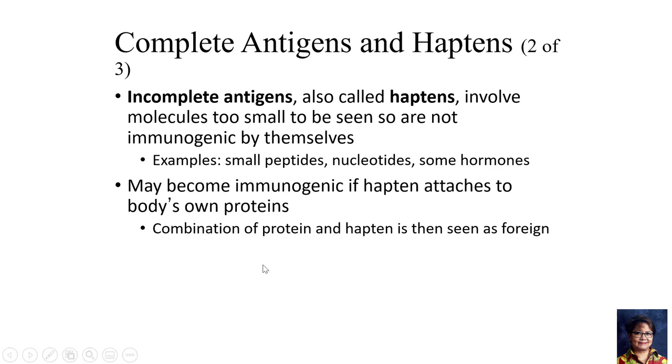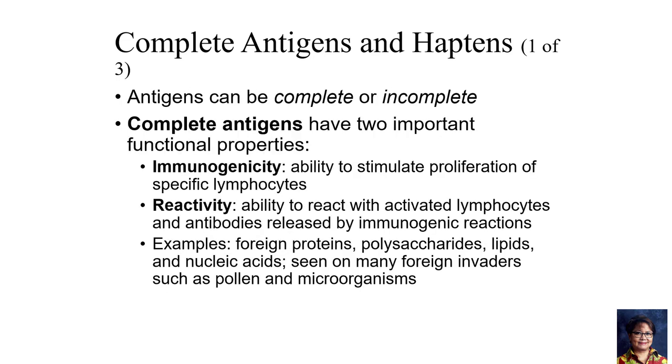But at some point, these haptens can attach themselves to our own body protein that is big. The combination of this protein and hapten makes that particular antigen bigger, and then they become visible, immunogenic, and they can also be reactive.